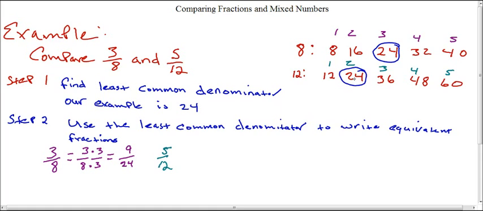To get 24, we multiply 12 times 2. So now we can say this will be 5 over 12, and we multiply both the denominator and numerator by 2, and that will give us 10 over 24.